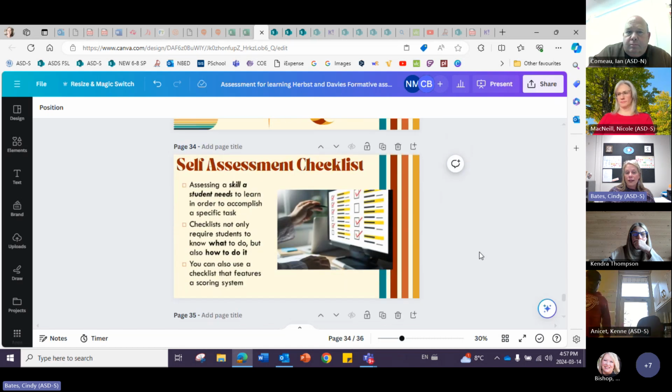And again, self-assessment. So you may co-construct the self-assessment with the student at the beginning of the unit. And so this is the piece where you're having students actually assess their own skills.